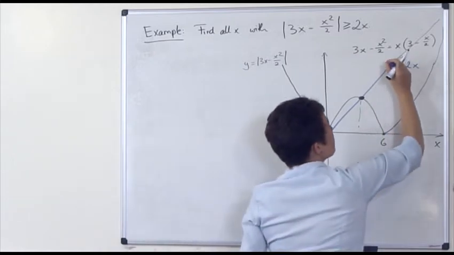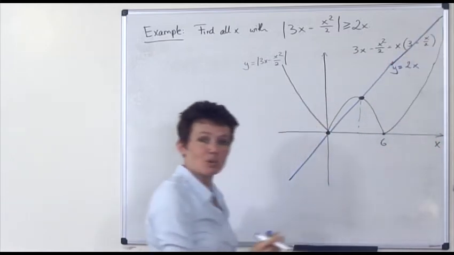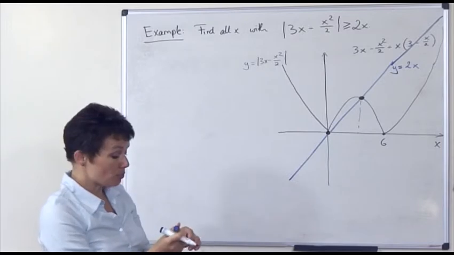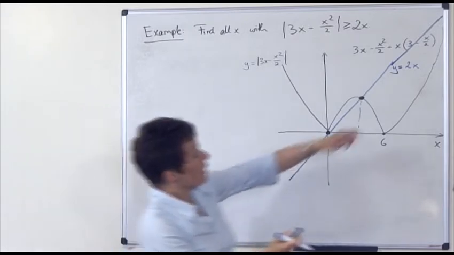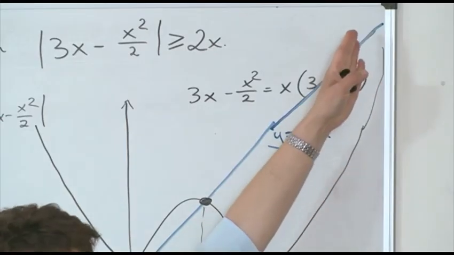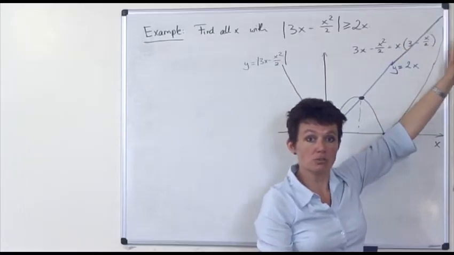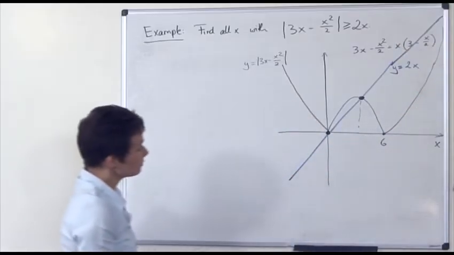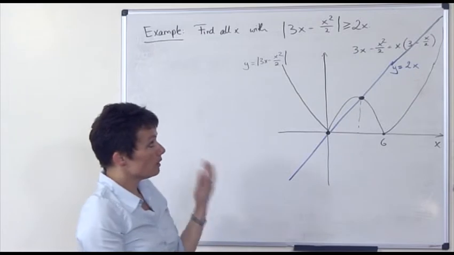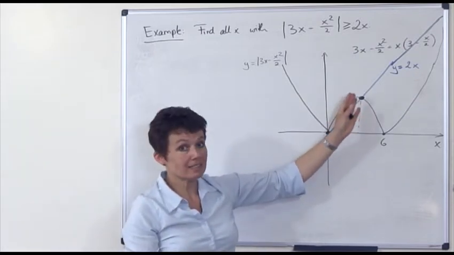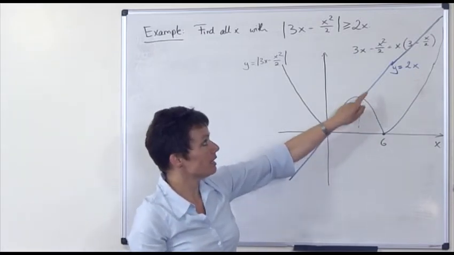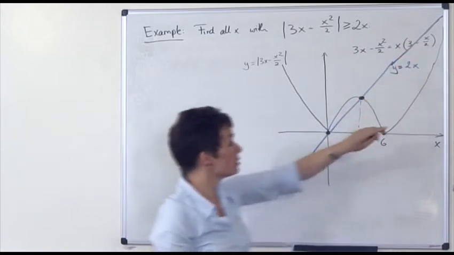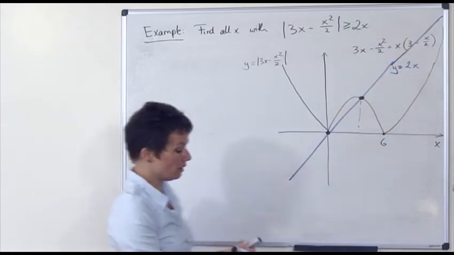We don't quite know yet, because my picture is not precise enough, but the algebra will reveal that. So possibly at some point the black graph will overtake the blue one, and then we'll get more solutions beyond that. So what is important here is to find the intersection points. There's definitely one here and possibly one over there. So let's first try and find this one.